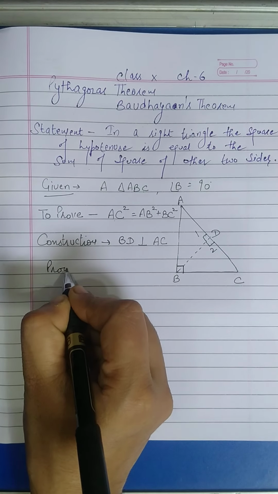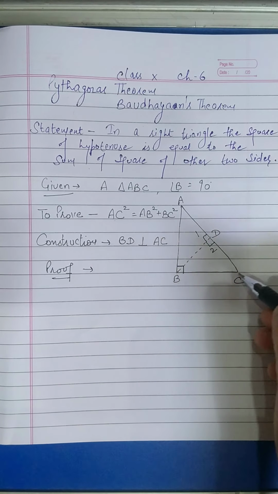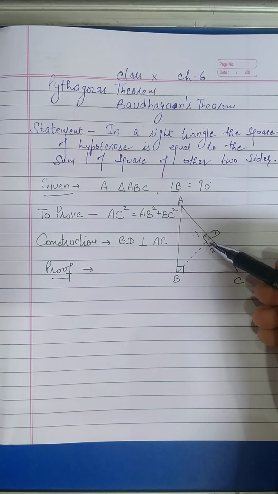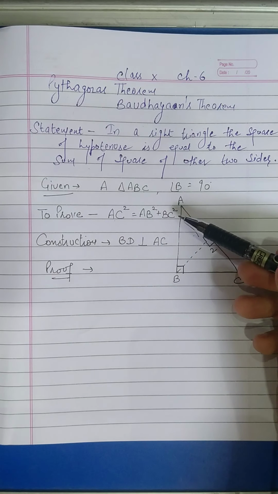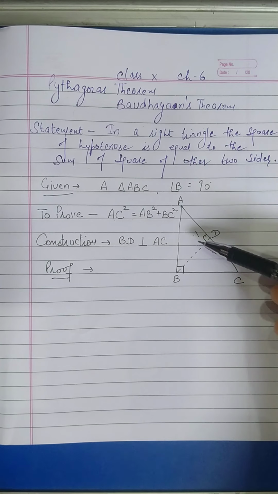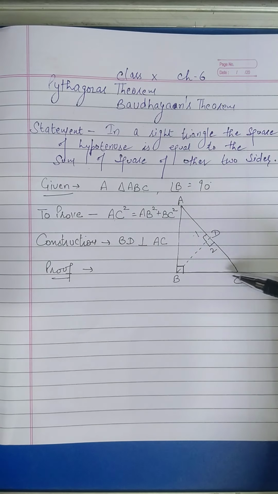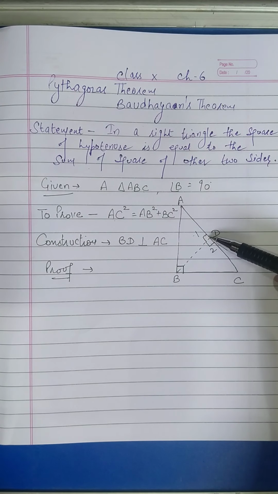Now let's start proof. When we draw BD, the whole triangle is divided into two parts. One is ABD, second is BDC. We have to take a full triangle ABC and the small one ABD, both are similar because angle A is contained in the whole triangle ABC and in triangle ABD also.